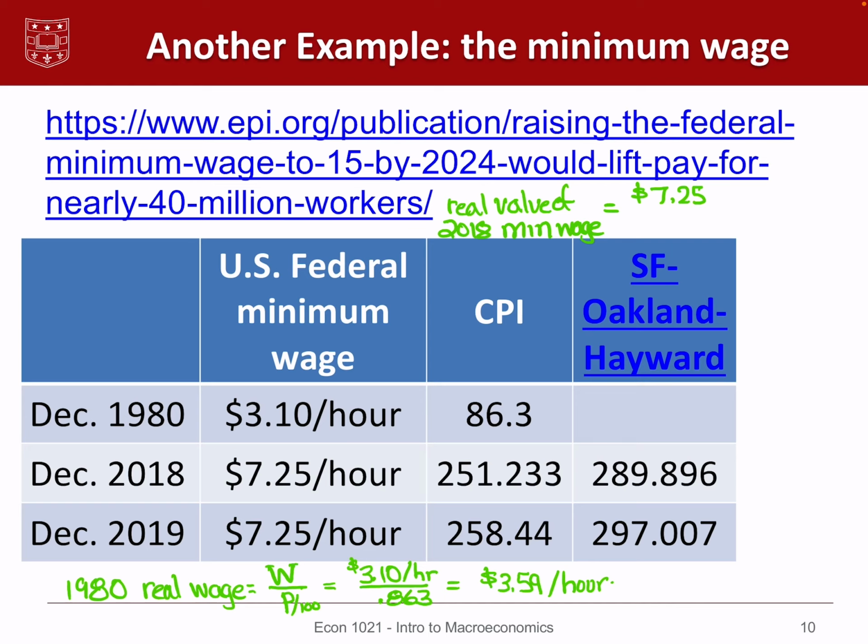This is the federal minimum wage, $7.25 per hour, and we would divide that by 2.51233, and that would give us an inflation-adjusted value of the minimum wage to compare to the 1980 value of $2.89 per hour. So this is one way of showing, when people say the minimum wage hasn't kept up with inflation, how we get at that sense.